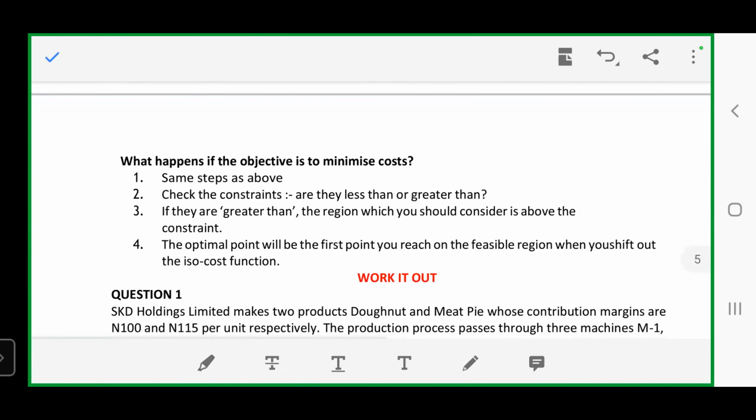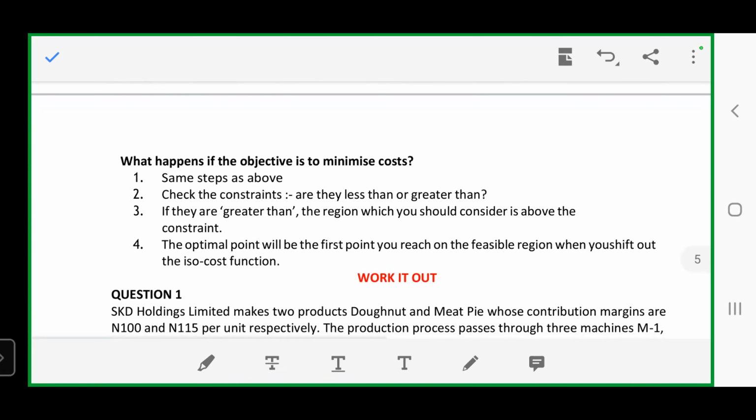From there, we go to what happens if the objective is to minimize cost. What we have observed is maximizing the productivity, which is we maximize contribution. Contribution therein is regarded as profit, when we maximize the profit of the organization. Then what now happens if we are to minimize cost?